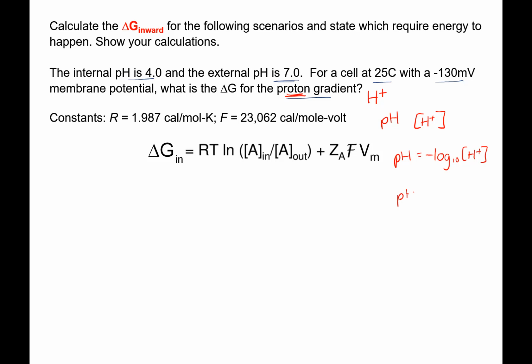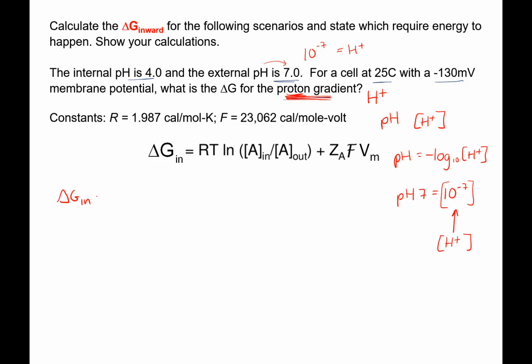So for instance, pH 7 equals 10 to the minus 7 H+ concentration. When you have a pH number, you put that number as the 10 to the negative exponent, and that relates to your H plus concentration. And what we're trying to do is find the delta G for the proton gradient, so the difference in the H plus concentration. So let's plug this one in.